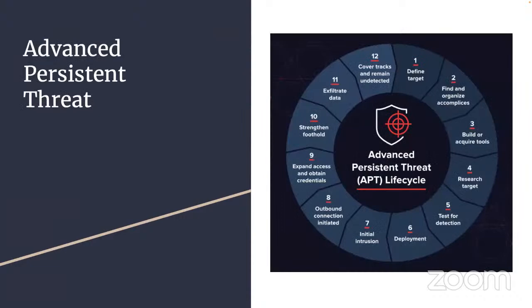An advanced persistent threat is a sophisticated, relentless, coordinated attack on a network with the goal of stealing intellectual property. APTs are difficult to identify when the network was initially compromised.